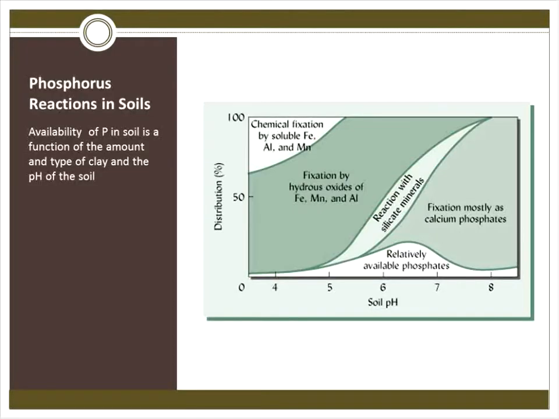Let's fast forward to a graph and see if we can figure this out. This graph gives you a distribution of where the phosphorus is in the system. Is it in some sort of chemical fixation with iron and aluminum? Is it bound up by some sort of iron and aluminum mineral? Is it perhaps tied up in calcium minerals?